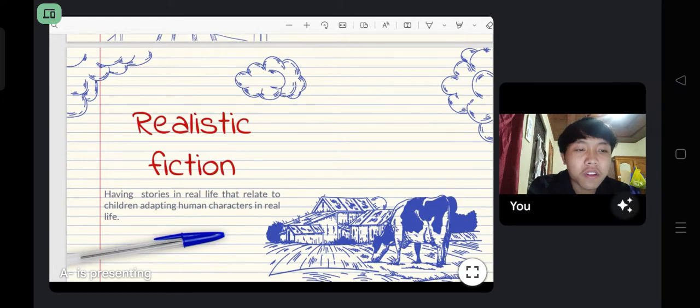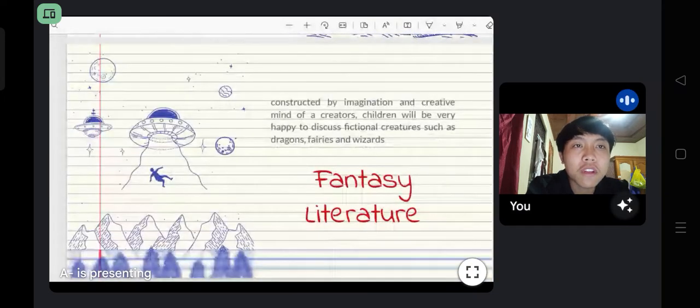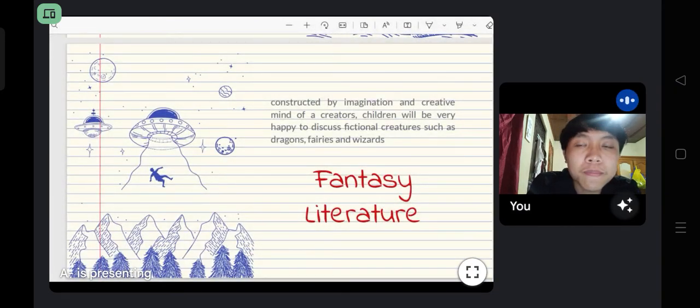Next is fantasy literature. This literature is constructed by the imagination and creative minds of creators. We can assume this kind of literature can be found in the form of imaginative stories.